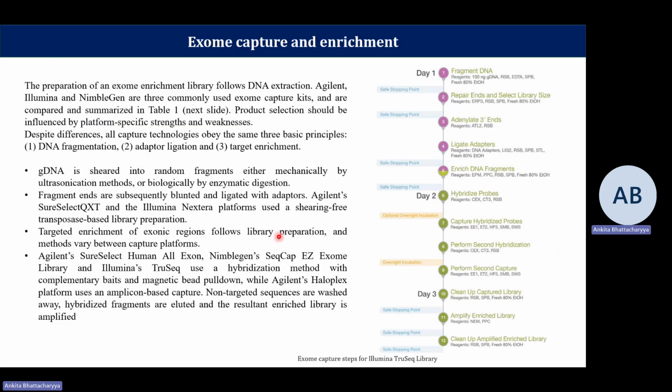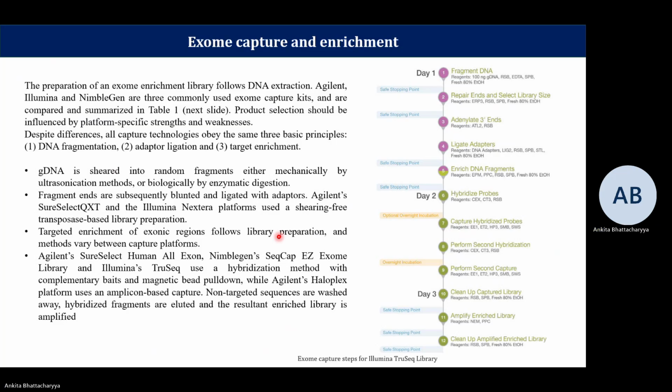So after shearing by ultrasonication or biologically by enzymatic digestion, the fragment ends are blunted and then adapter ligated. Now, these use a shearing free transposase based library preparation. Then, targeted enrichment of exonic regions follows library preparation, and methods can actually vary between capture platforms.